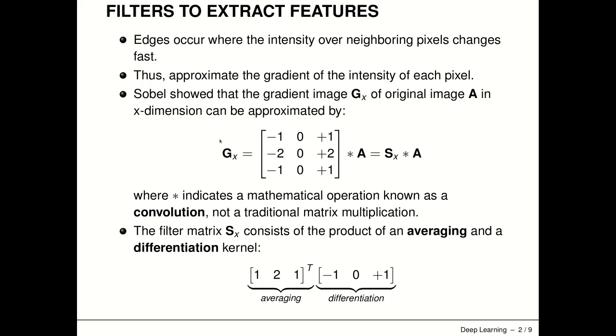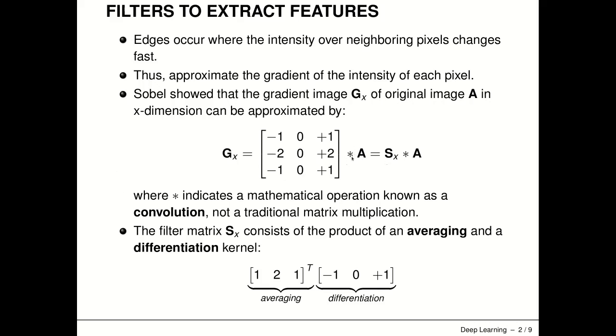Okay, if we define A as a source image and Gx as an image which at each point contains the horizontal derivative approximation, the computation is as follows. Here, in order to calculate this, we have a 3x3 kernel, -1, -2, -1, 0, 0, 0, and then +1, +2, +1, which we convolve with the source image.